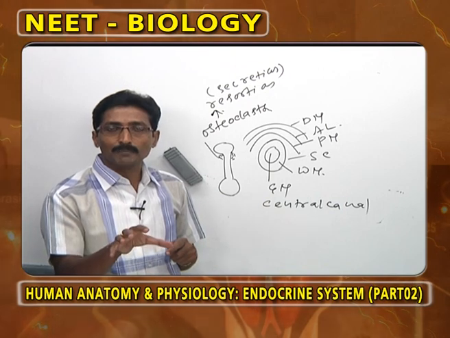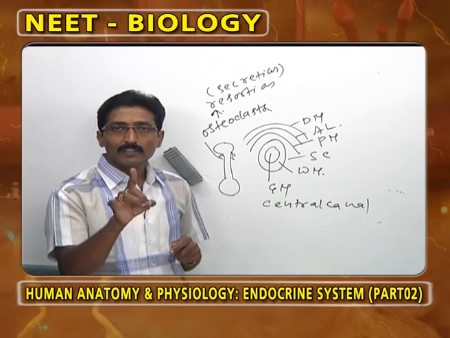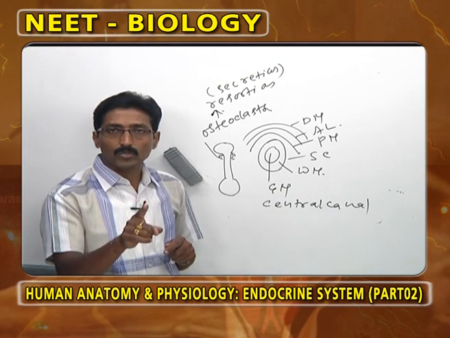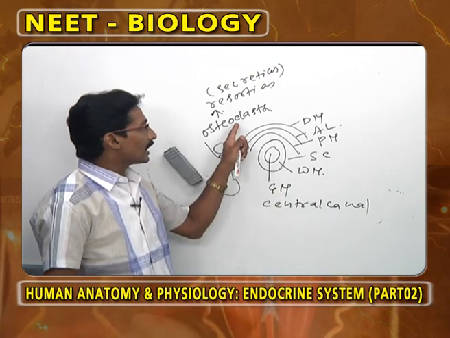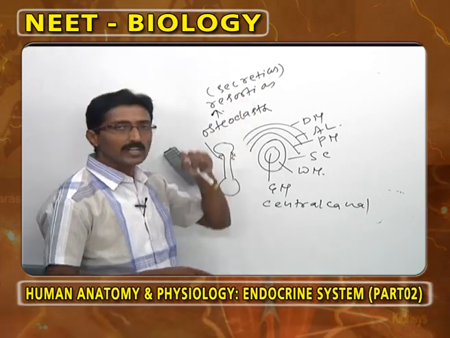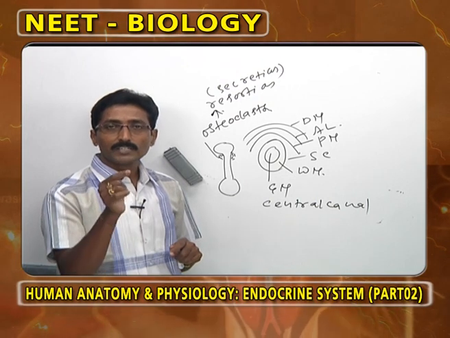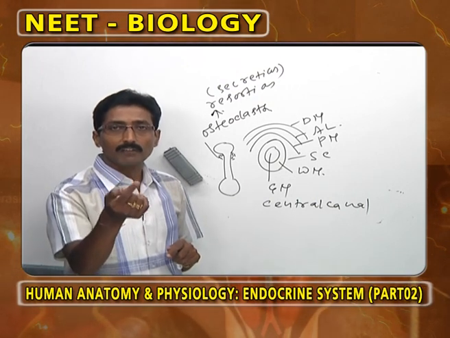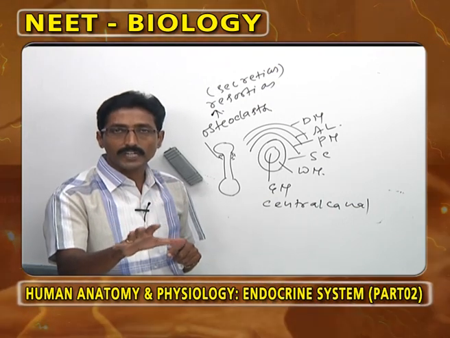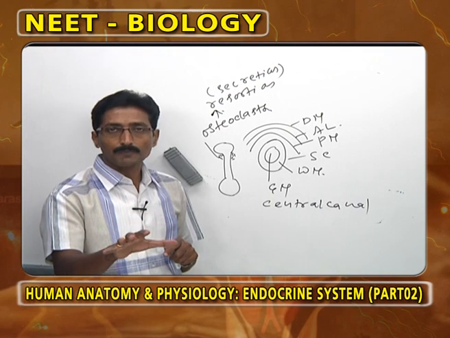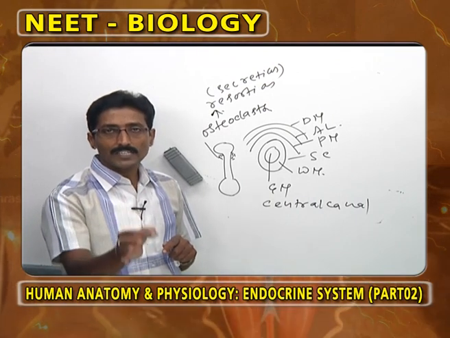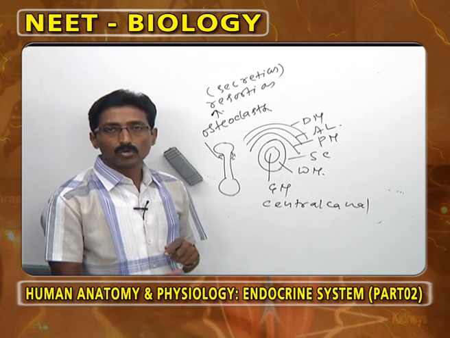Automatically in the blood plasma, the calcium level and phosphorus level decrease because calcitonin stops the function of osteoclasts. Because of calcitonin, these cells do not secrete calcium and phosphorus, so that in the blood plasma the calcium level and phosphorus level decrease. Both are correct.